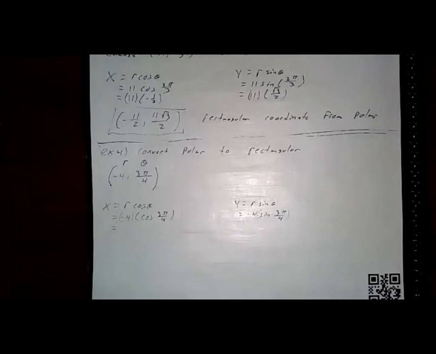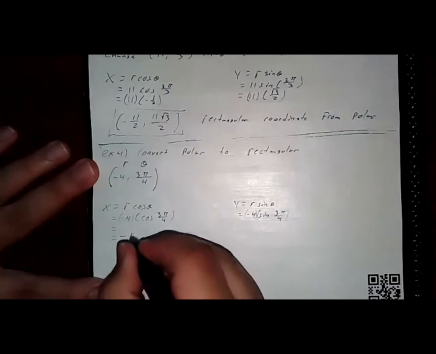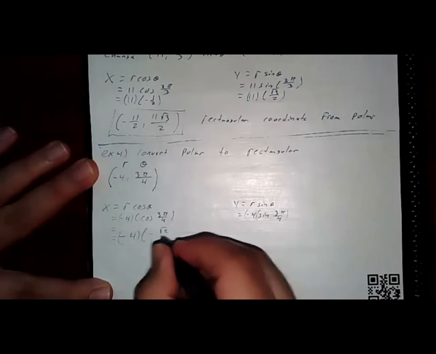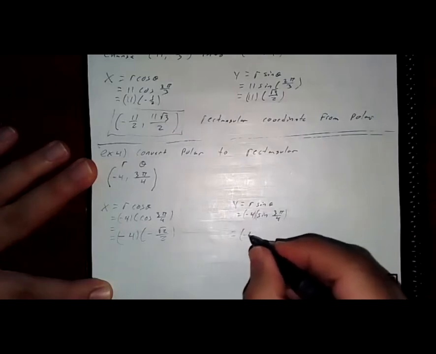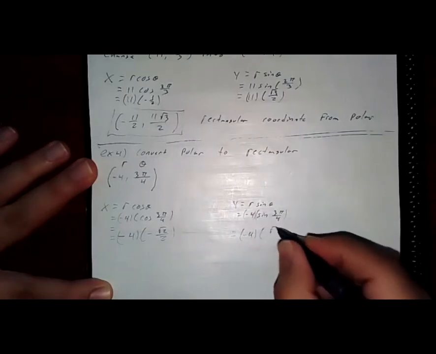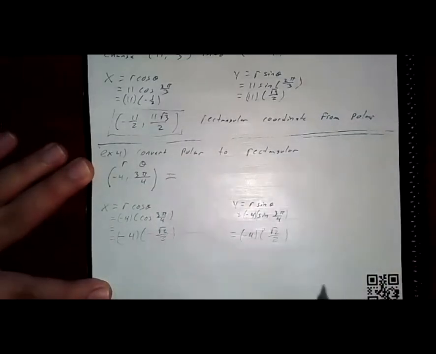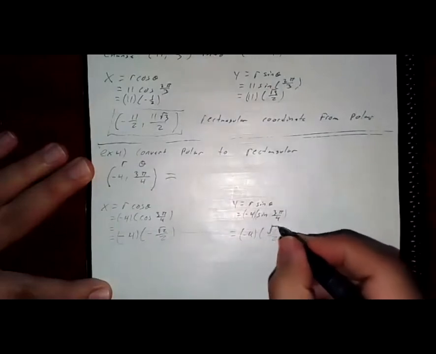So let's check our circle. 3 pi over 4. Those are both square root 2 over 2. So my answer will be -4 times negative square root 2 over 2. This one will be -4 times square root 2 over 2. So my answer will be, oops, smeared it.